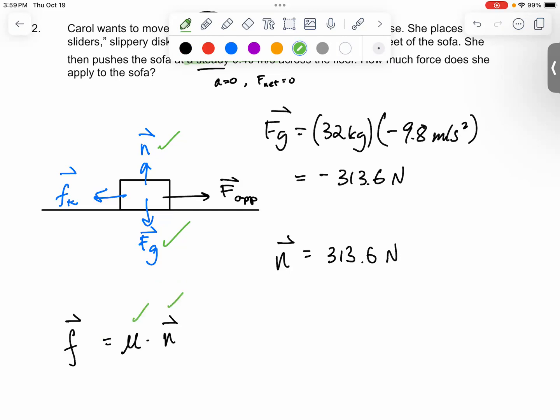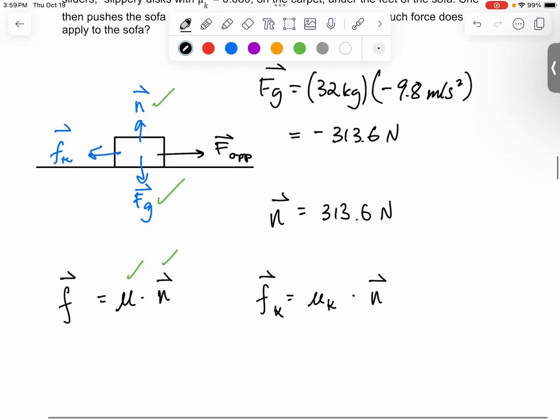Again, it's more about a mentality, a lifestyle change. We are not going to prompt you every single step. You need to initiate all this work and say, oh, I can actually find out the friction because I've got my mu k and I have my normal force.